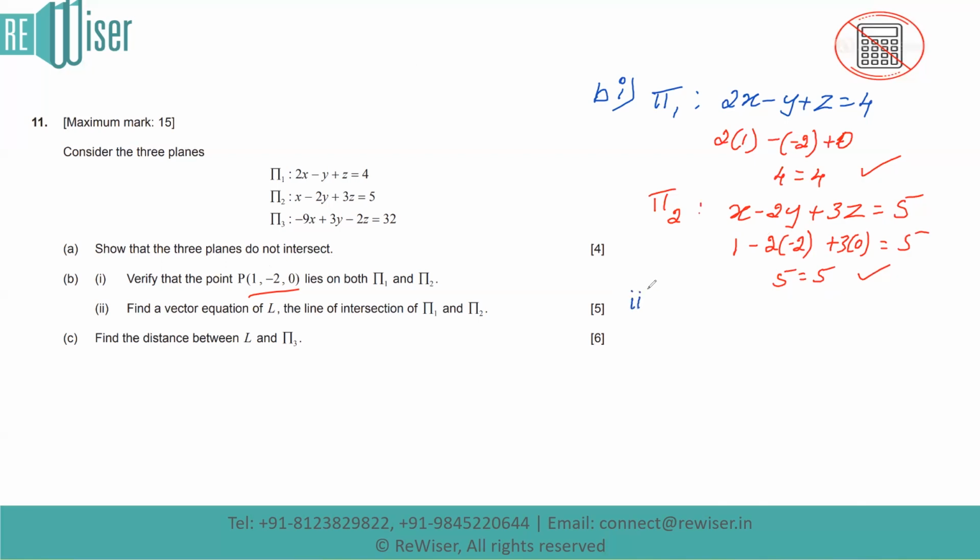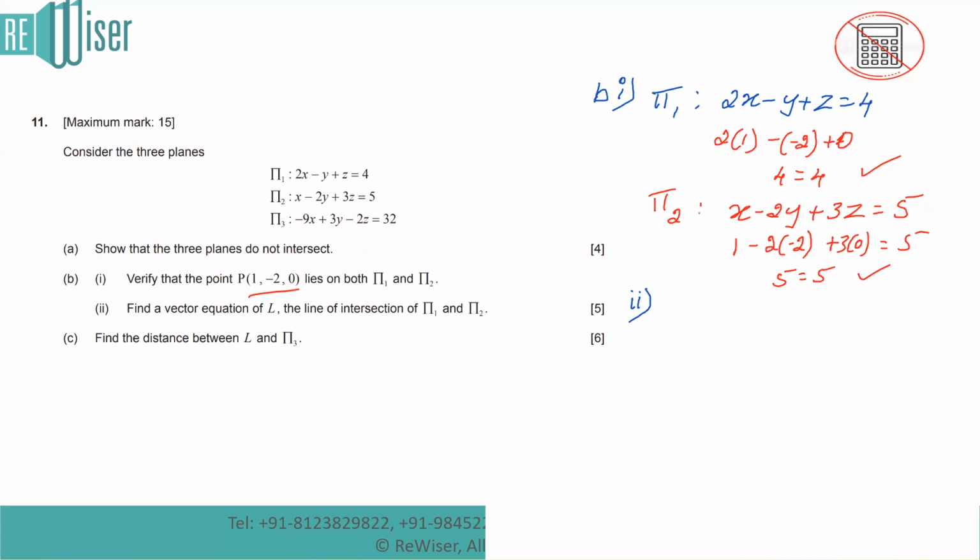Now for part 2, find the vector equation of the line of intersection of plane 1 and plane 2. Now we need to find the line of intersection.